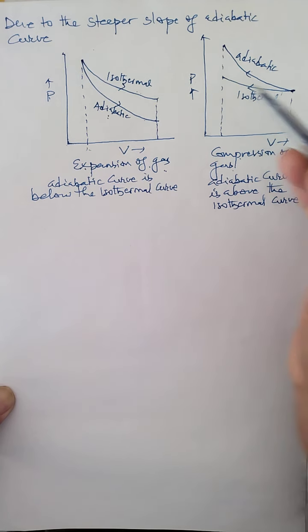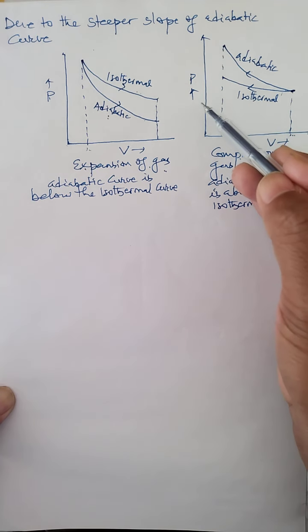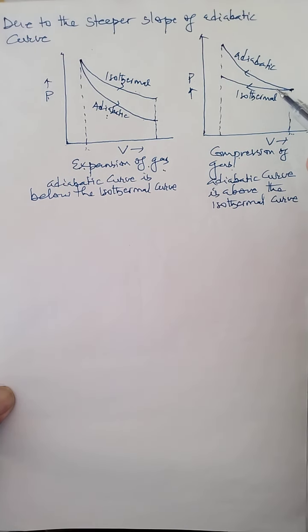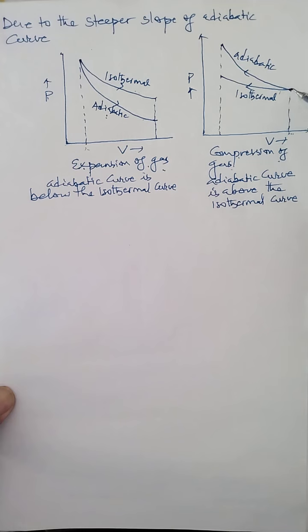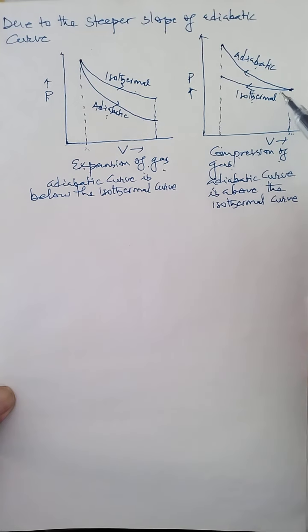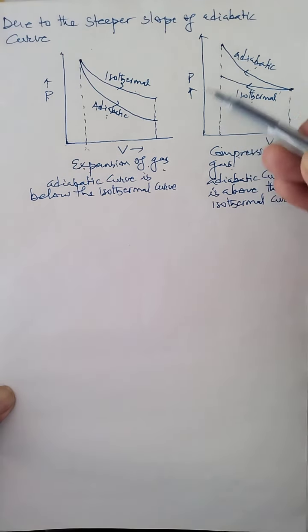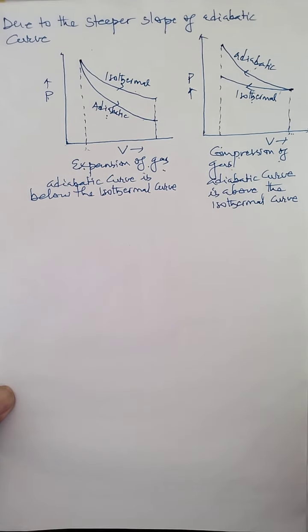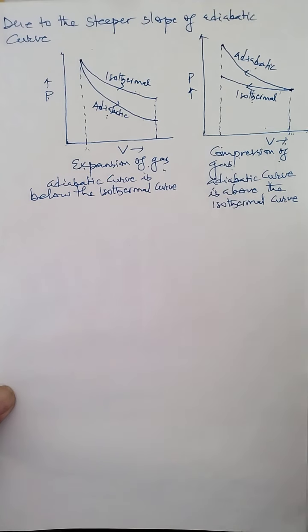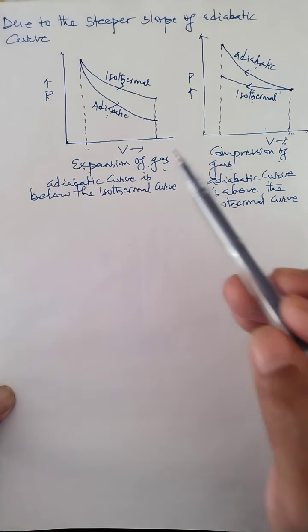The pressure increases, but under the adiabatic curve the pressure increases very rapidly, whereas on the isothermal curve the pressure increases very slowly. That's why for compression of gas, the adiabatic curve will be above the isothermal curve, because the adiabatic pressure increases more rapidly as volume decreases. So these are the two important graphs which might be asked in the examination. Please go through them.